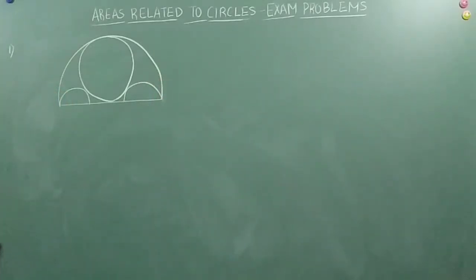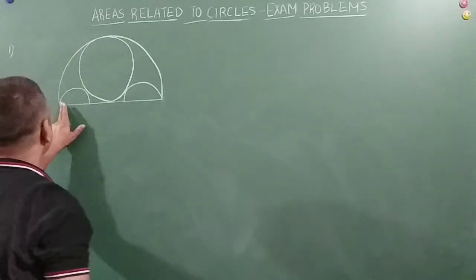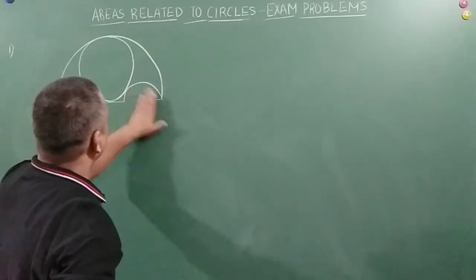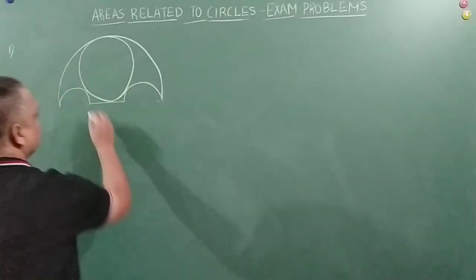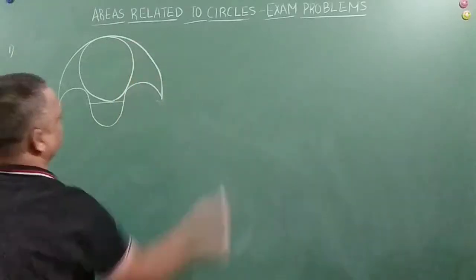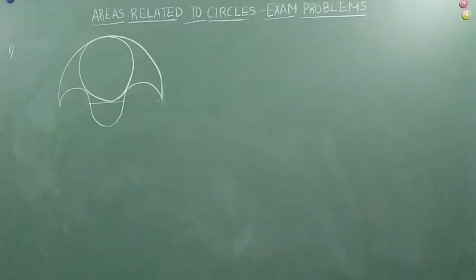It is something like this. The figure is something like this. This portion is not there. This line is not there. Right, friends? So the design is something like this.